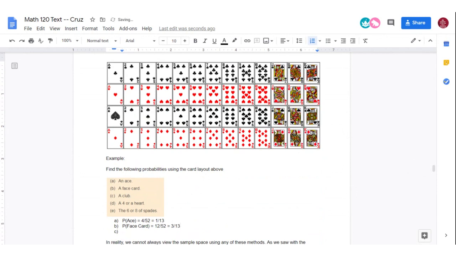So a club. What is a club? The club is the one that's got like the three. It's like a flower. It's the one up here. This top row are clubs. So how many are there? You can go through and count them. And again, doesn't hurt to do that at this point. 1, 2, 3, 4, 5, 6, 7, 8, 9, 10, 11, 12, 13.